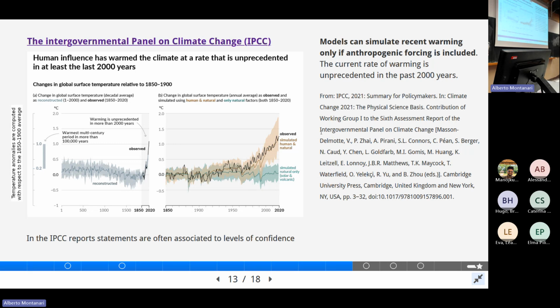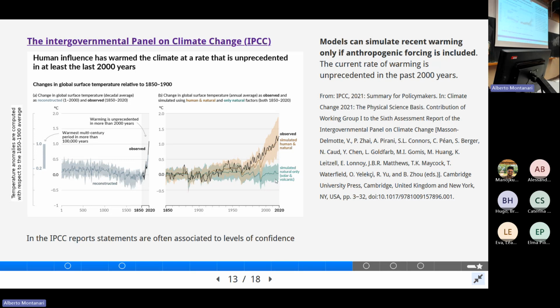Here you see a comparison between two things. The reconstruction of global warming by climate models is the light brown band, simulated human and natural. So you see the observed dark line of temperature change and the result from the simulation of climate models.